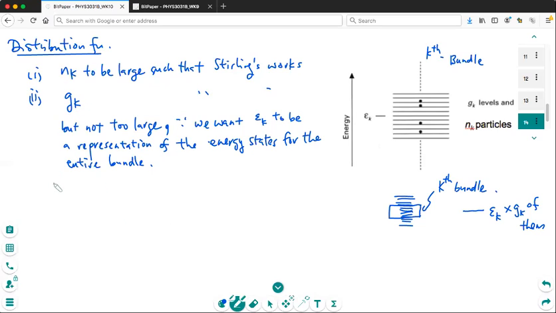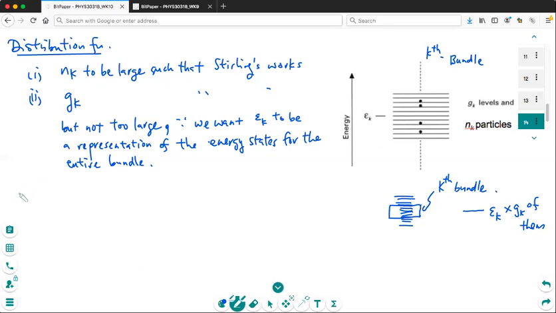So you will see that this is not a bad approximation, even if you have a large G sub K, because you have very few particles here. And the energy levels are very closely spaced. So even if you have a lot of them, the true distribution in energy is not that much compared with some energy scale, let's say k_B T at room temperature.